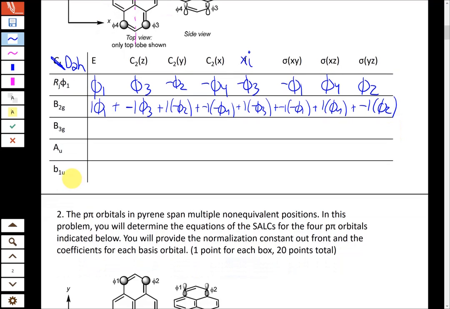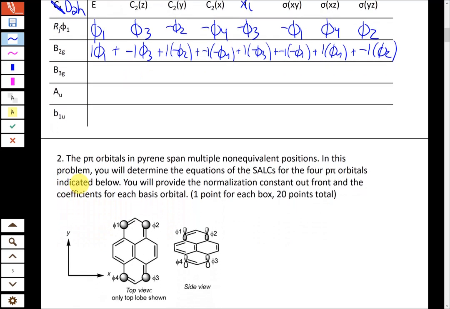So when we take that across, we get 1 plus 1 is 2 phi 1, minus 2 phi 2, minus 1 and minus 1 is minus 2 phi 3, and then 1 and 1 is 2 phi 4. So we get negative coefficients on phi 2 and phi 3 for this.